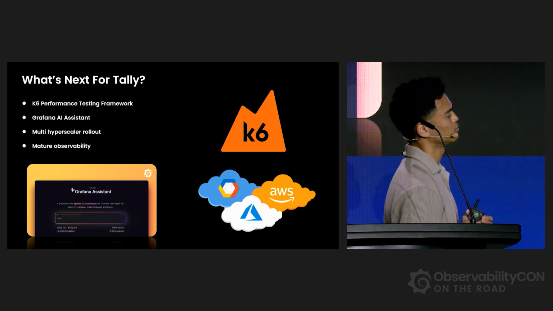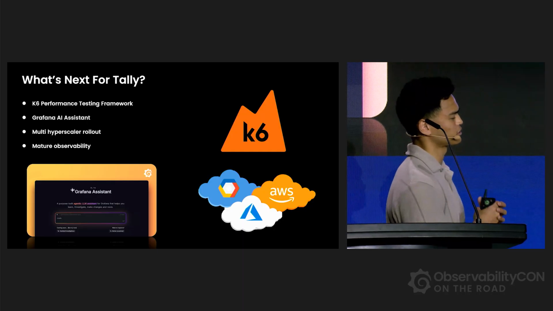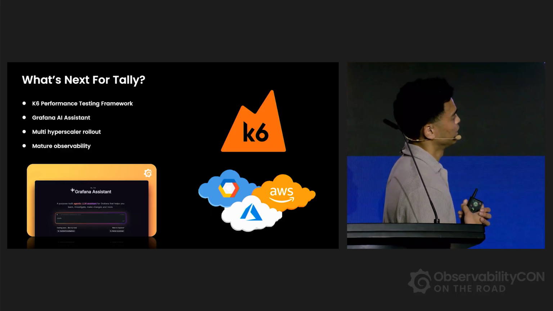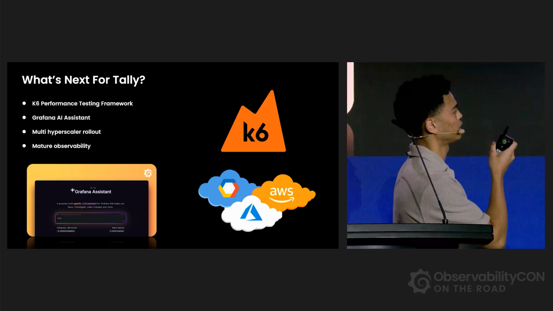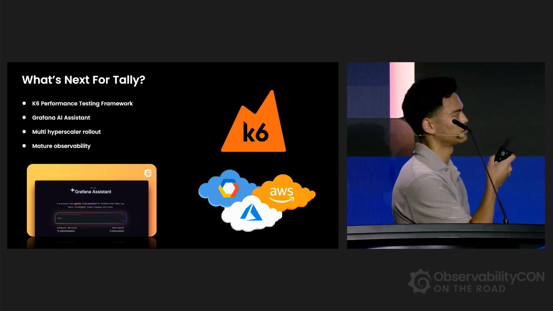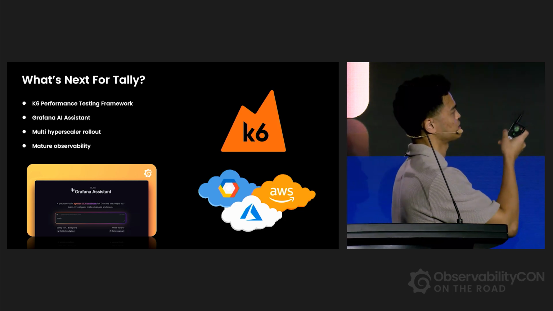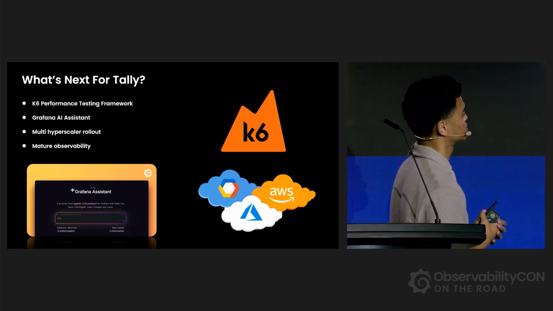That's where we're heavily pushing for the AI assistant to help, because they don't know PromQL and things like that. It'll also help with k6. We've done a bit of experimenting where we got the AI assistant to perform an analysis on our performance testing based off the reports that k6 provides.